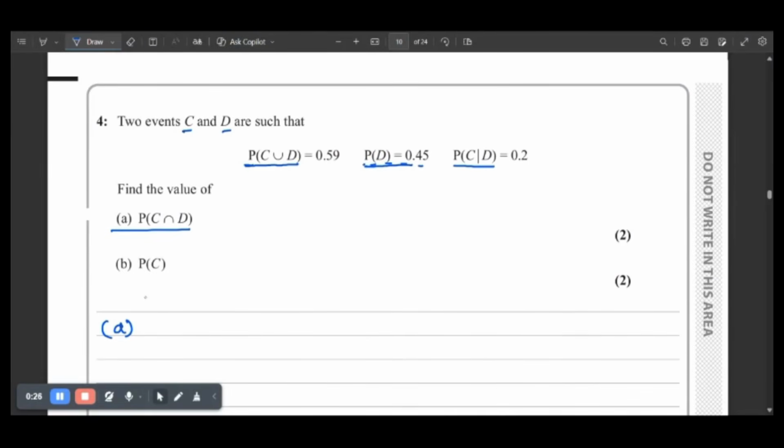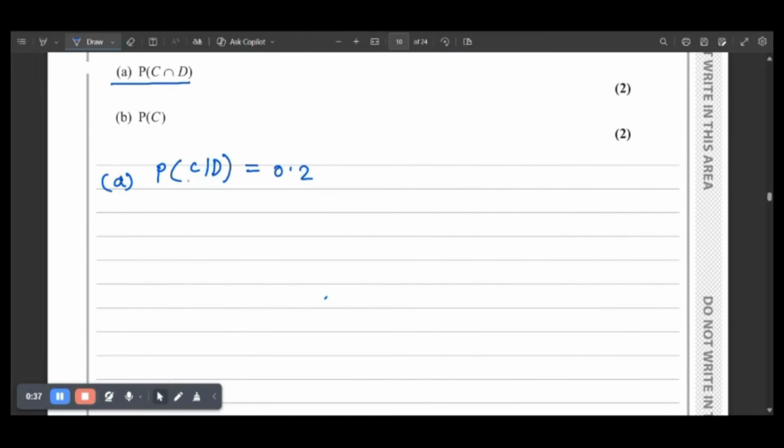To find this, we can use this relation. We know from the question that probability of C given D is equal to 0.2.